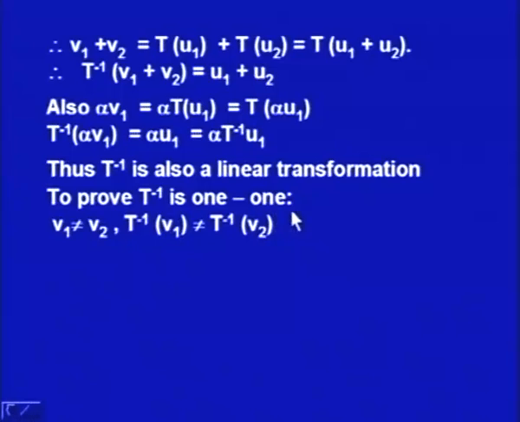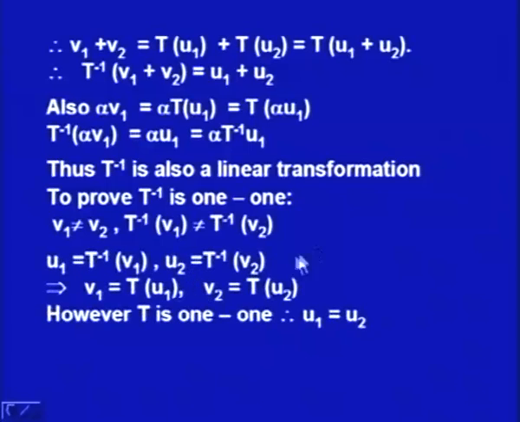To prove that T inverse is 1-1, we consider two different elements in V, say V1 and V2, which are not the same. Then we have to prove that their images under T inverse are also different in U. So, we start with V1 not equal to V2, then we will prove that T inverse V1 is not equal to T inverse V2. Now, U1 is equal to T inverse V1 and U2 is equal to T inverse V2.